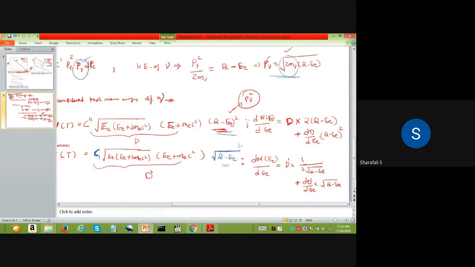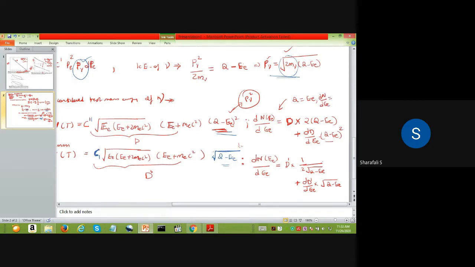Now, why is this important? If you consider the first case, when q becomes E, what is the dn by dE value?